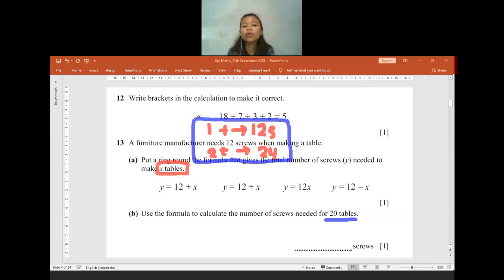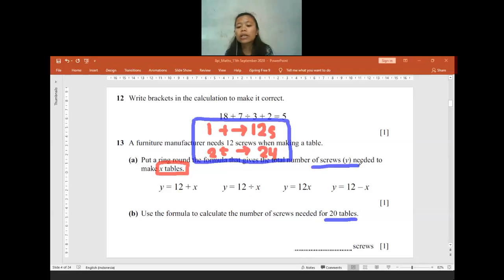If you get confused later, you can try to replace the value of x or the value of y to check which equation is correct. But you have to read the question carefully. Put a ring around the formula that gives the total number of screws.